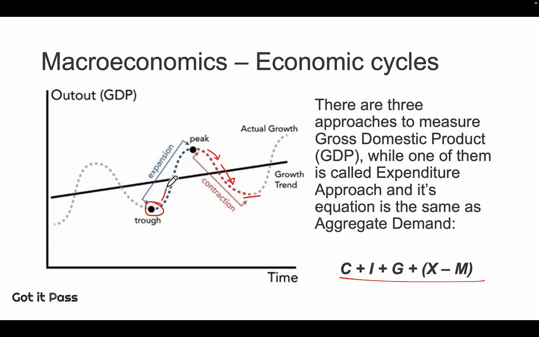So when more firms are positive on the economy, they intend to invest more. It helps to improve the overall business confidence as well as the consumer confidence when more people are going back into the labor market.